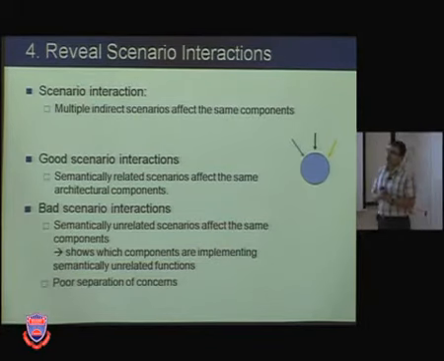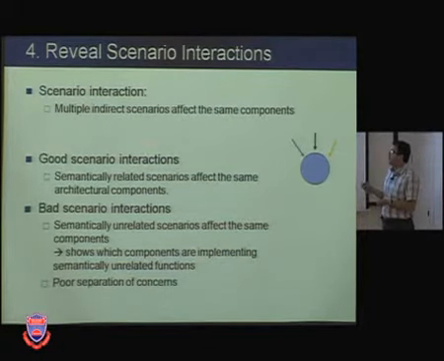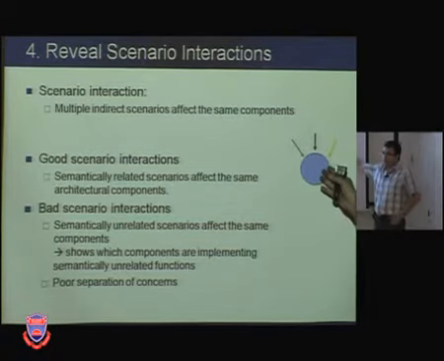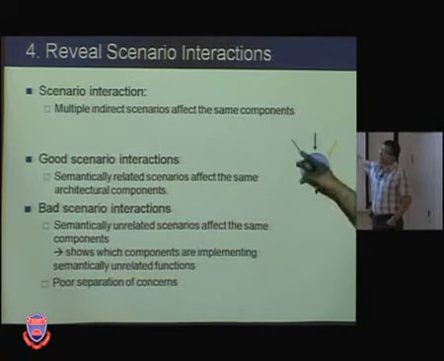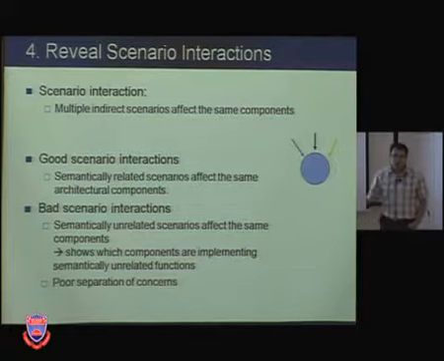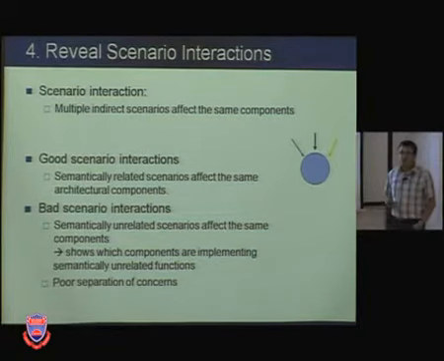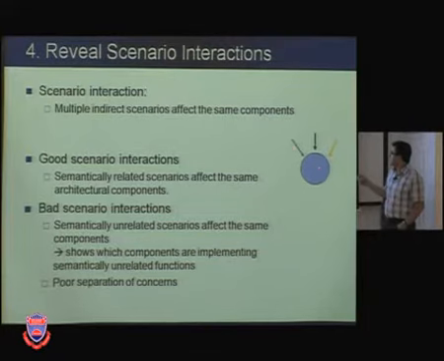The scenario interaction here is defined as multiple indirect scenarios that affect the same component. For example, we have this component, and these are the scenarios which require some changes to this component. Then we say these three scenarios interact at this component.